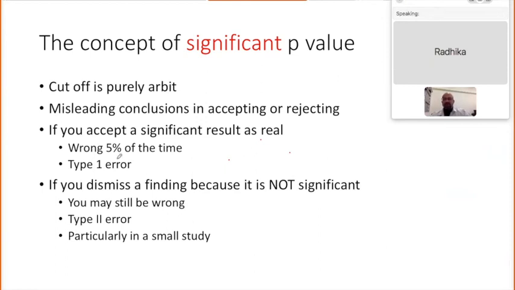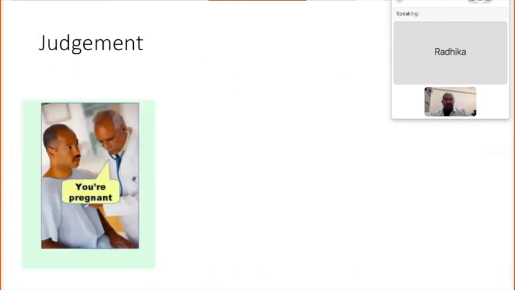Now, I'm sure that a lot of you will still be wondering what is a type 1 error and what is a type 2 error. So let's make it a little clearer here. So here the doctor is telling him that he's pregnant. Obviously, this is not true. So this is what we call a type 1 error, which is definitely a false positive.